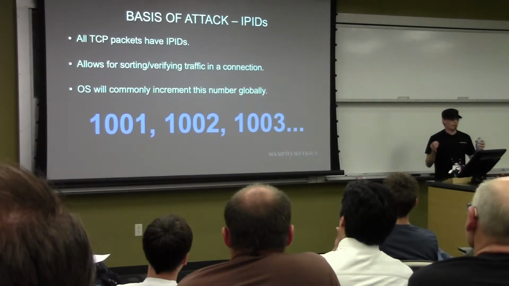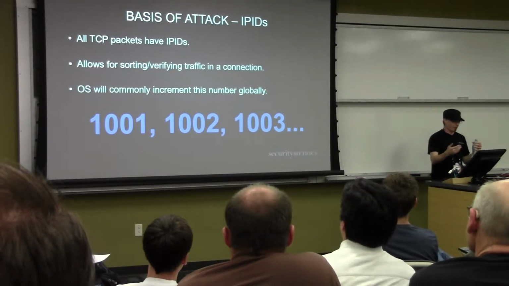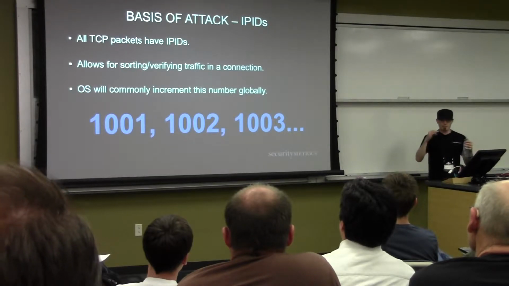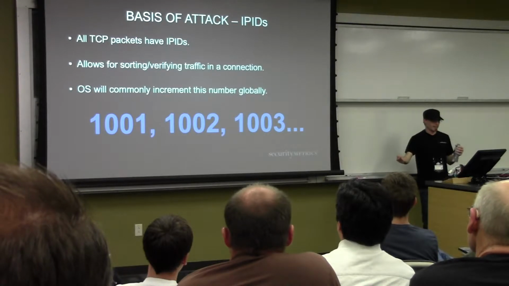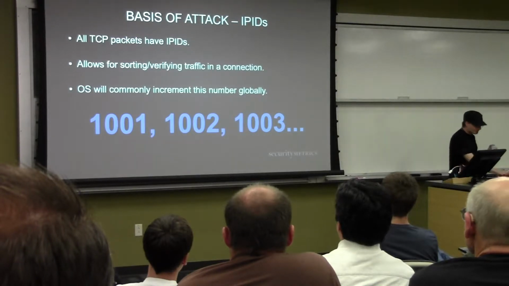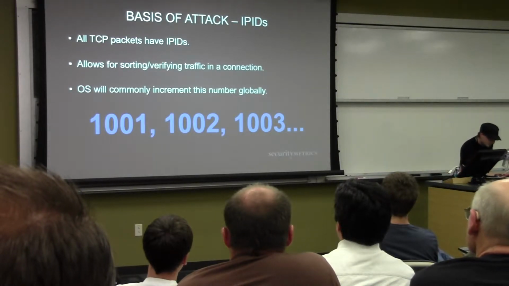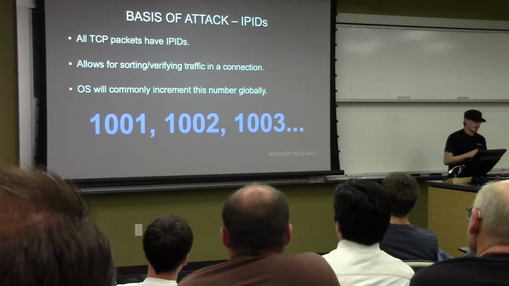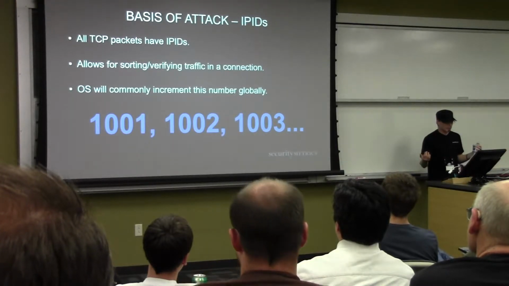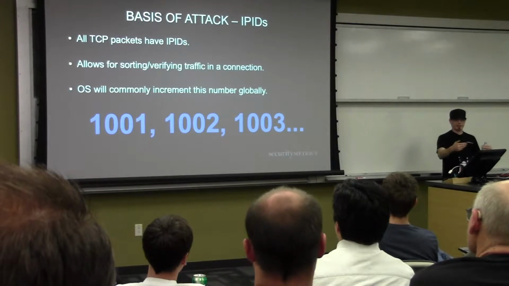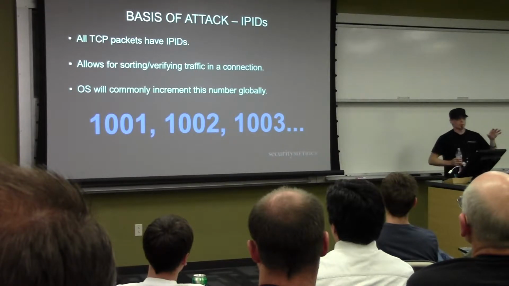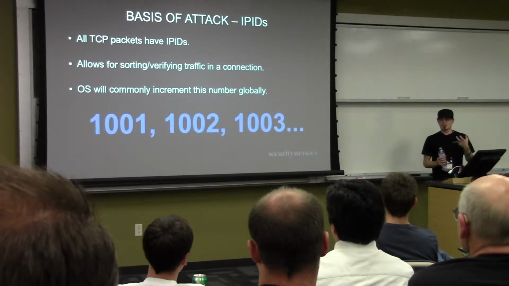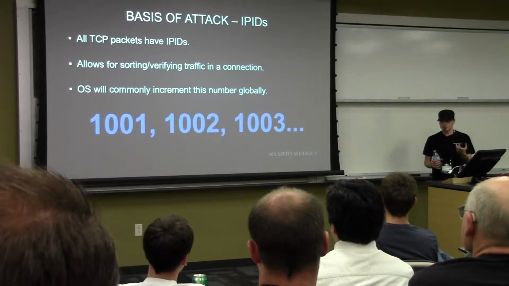Many OSs, when they send out packets, simply increment this number. Just add one. So that enables you to count how many packets it has actually sent. Some OSs will actually randomize the sequence number generation.